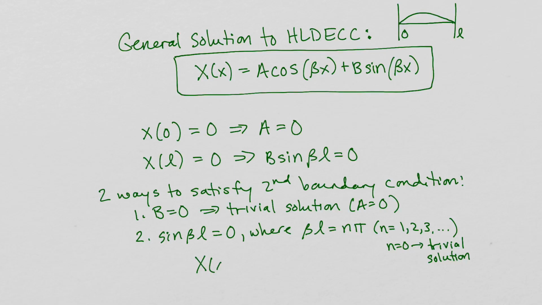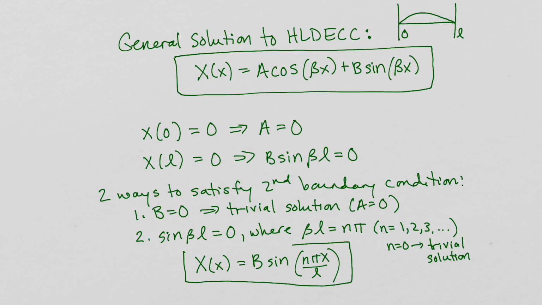Okay, so then that leaves us with our final result when we put everything together. X of x equals B sine of n pi x over L. All right, that is one of our solutions.